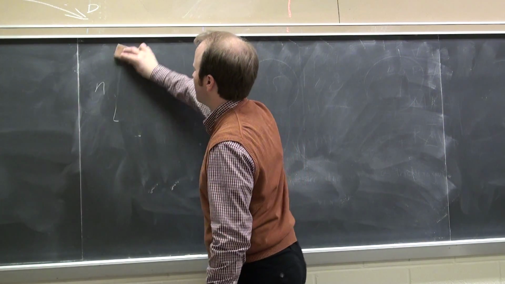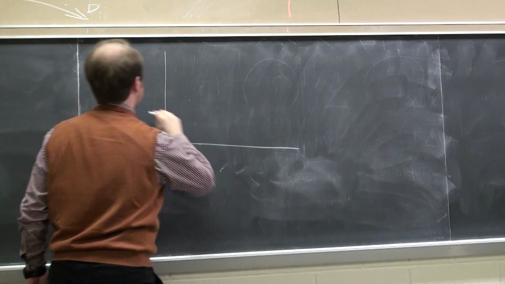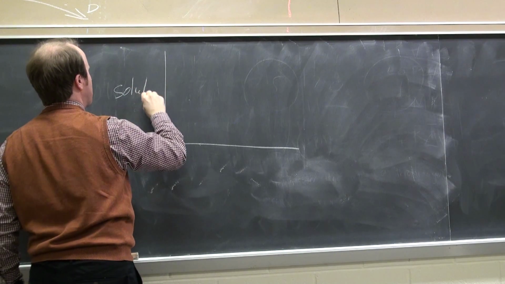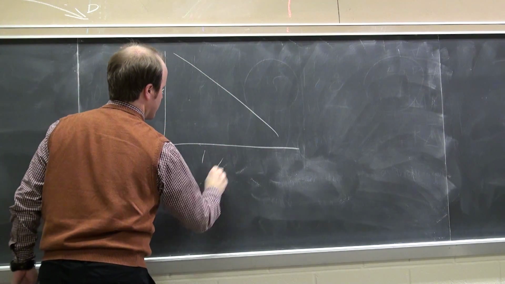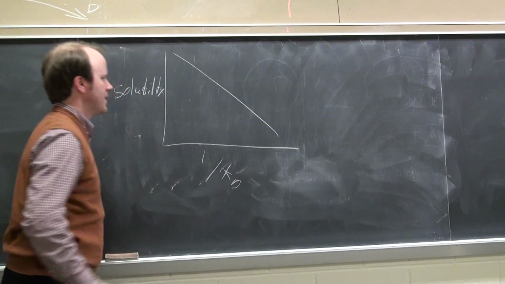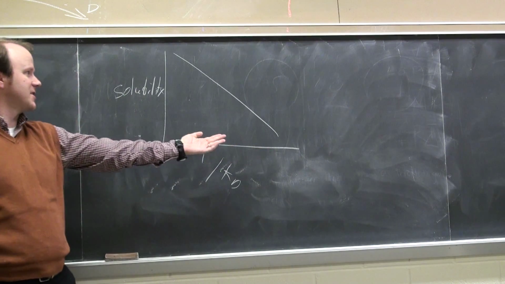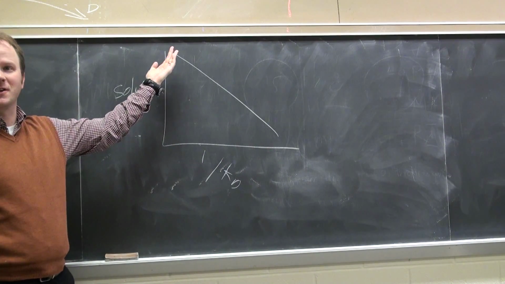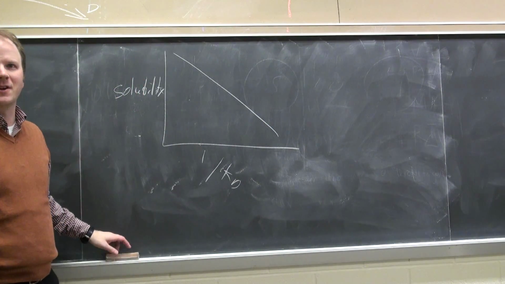The most important thing, I think you hit on it, is that solubility is proportional to dielectric constant. As the dielectric constant goes up, the solubility goes up. As the dielectric constant goes down, the solubility tends to go down.